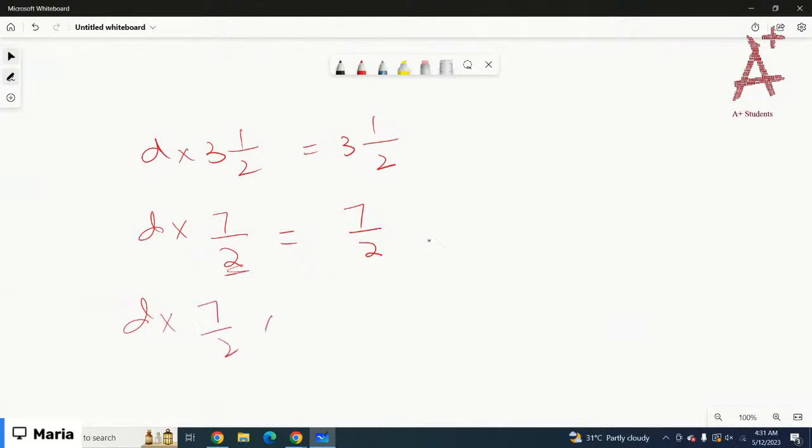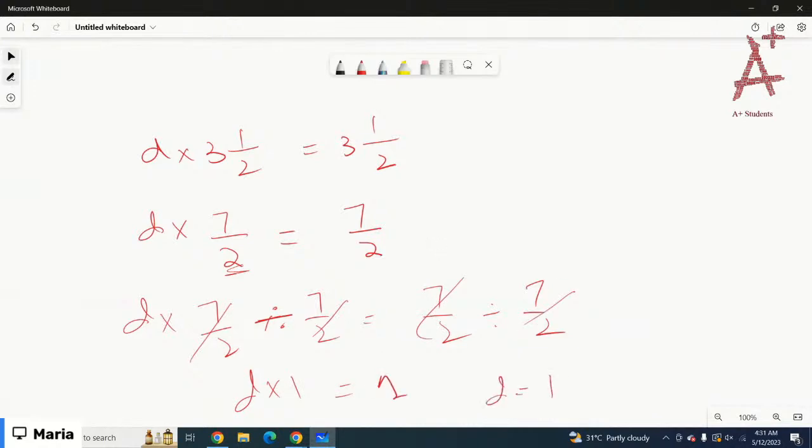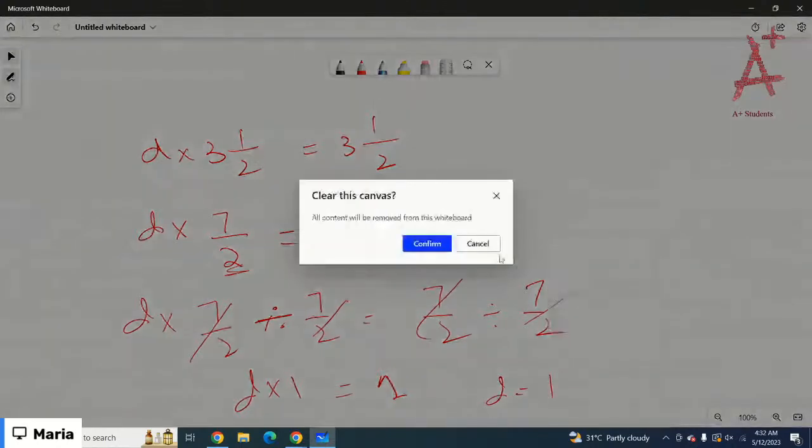You have to divide both sides by 7 over 2. They are the same, so when you divide them, they make 1. It would be d equals 1. Got it?